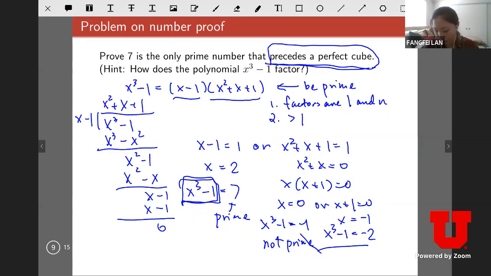A perfect square is x squared for some x in Z. The number before the perfect square would always be in this form. This is the key to start the problem: to know that the number that precedes a perfect square will always be in this form.